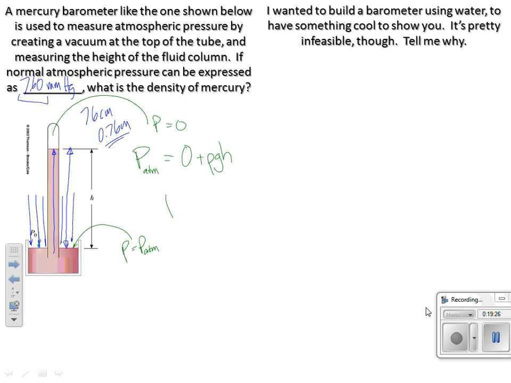So the density of mercury is going to be atmospheric pressure divided by g h. Density of mercury is going to be 10 to the 5th pascals divided by 10 meters per second squared times 0.76 meters.